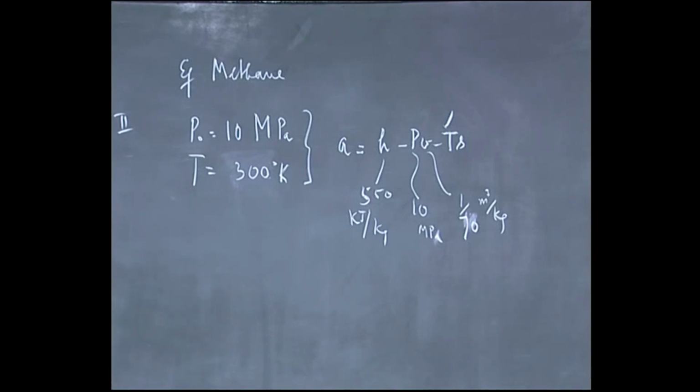Then what about the entropy? Is it 9? It is 15, 20, it is higher I say. It is 30, 50 and 70, it is almost 70.